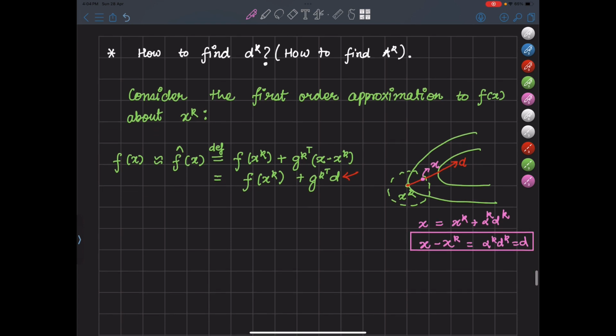Now it is important to note that what we want is the maximum decrease in f hat x. So we want to find a d such that there is a maximum decrement in f hat x. It is possible by solving the following optimization problem.